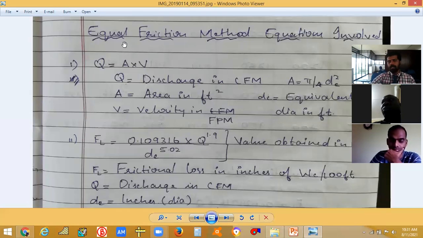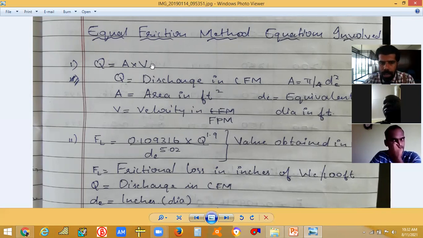Keep in mind that the first method we are going to find is the equal friction method, because here we have to find the frictional loss. When we get the friction loss, we will be keeping that friction loss constant.